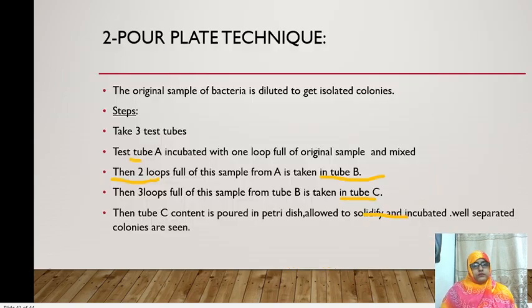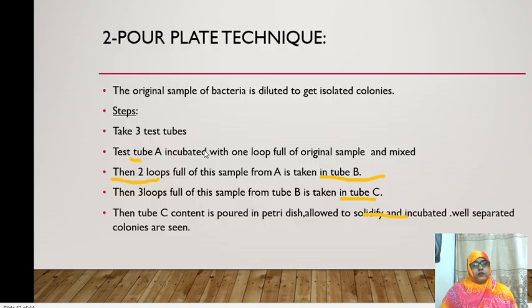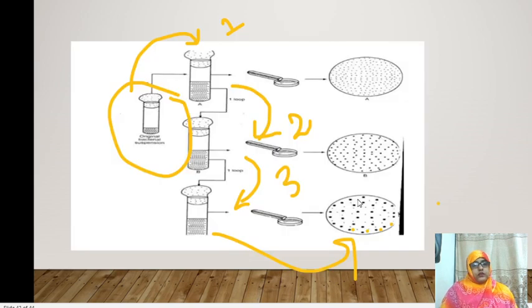Then take 2 loopfuls of this sample from A and put it in B. Then take 3 loopfuls of this sample from B and put it in C. Then this is put into the petri dish and observed under a microscope after a certain time period, but you can also see the colonies visibly, and you can also perform staining on them.